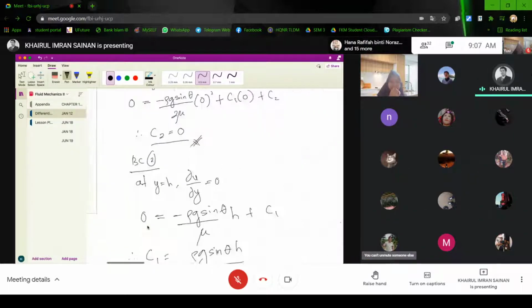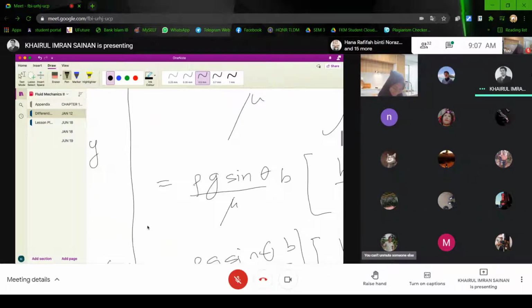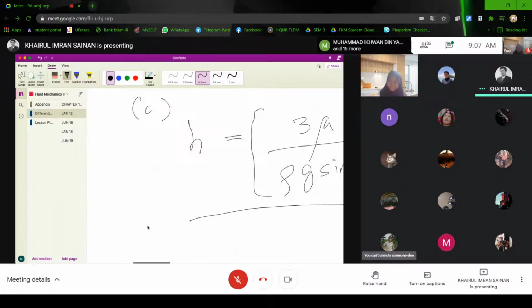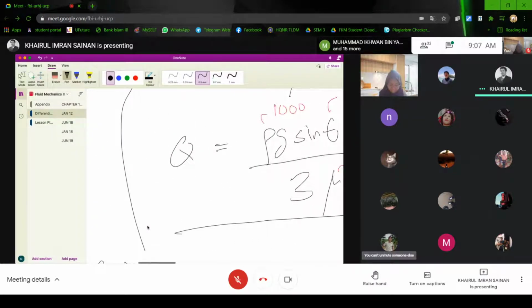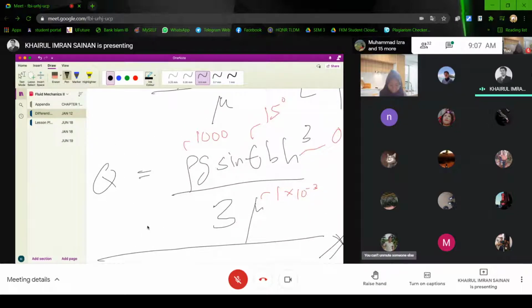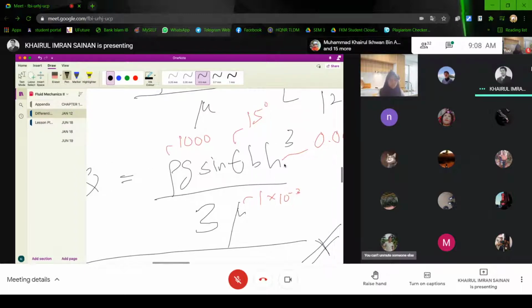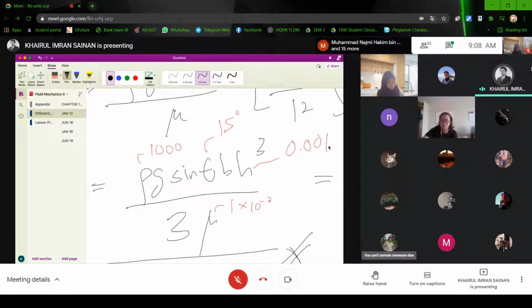They want you to find Q. Okay, rho is 1000, G is 9.81, theta given is 15 degrees, B is 1 meter, H is 0.001 because the thickness H is 1 millimeter, and mu given is 1 times 10 to the power of negative 3. Right? Calculate?